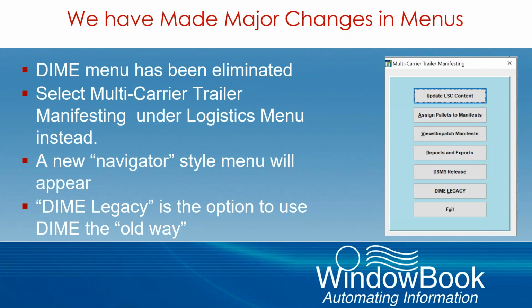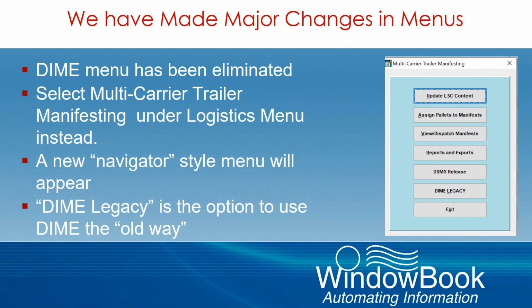Yeah, when we get into some of the differences, the new user interface, even if you only do DIME LSC planning, it can be a lot faster, and the dismiss release part of it is certainly a lot more streamlined for your mail clerk or for yourself if you're on Seamless.